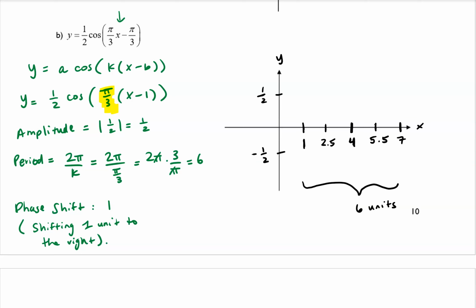And cosine, we know, starts at the top. Oops, that's not where I meant to put that, because it's shifted to the right 1 unit, so it's going to look like that. And our normal cosine looks something like that. And so we have identified the amplitude, the period, the phase shift, and we have sketched our graph on the xy plane.